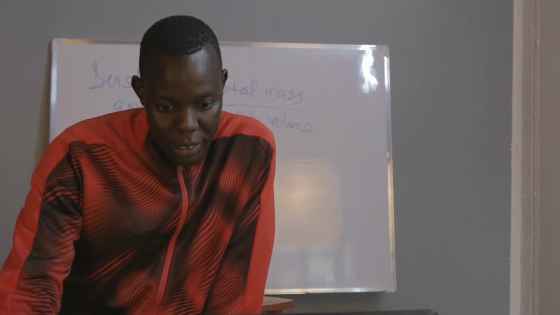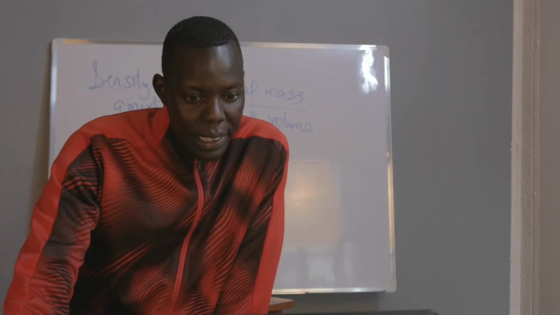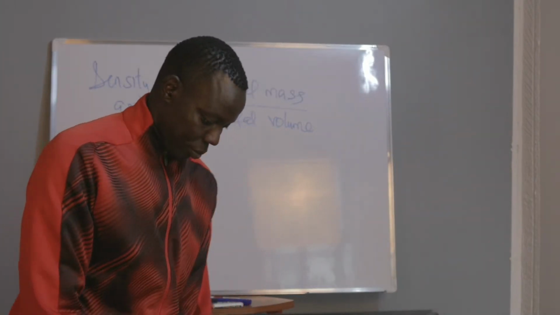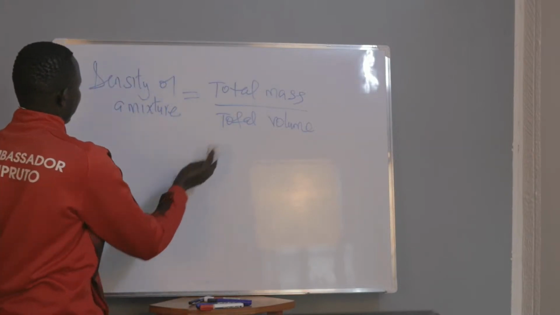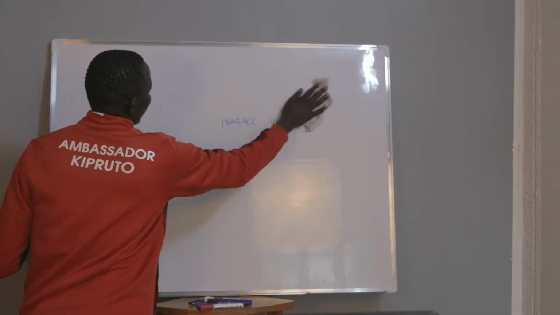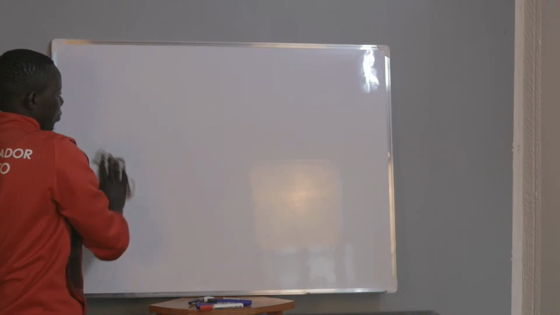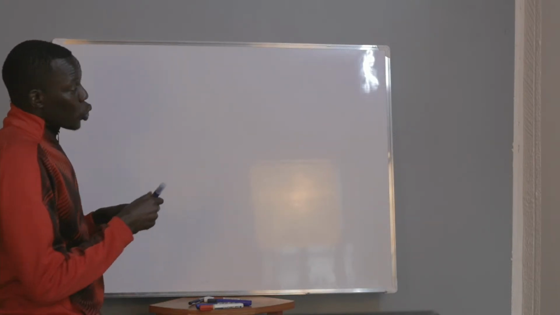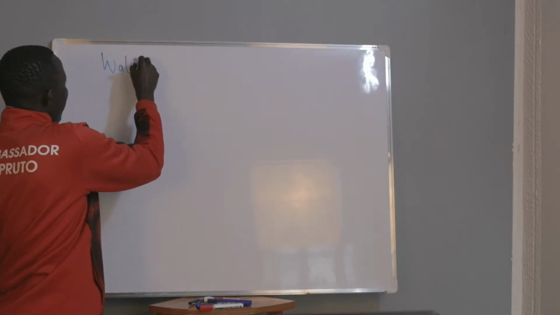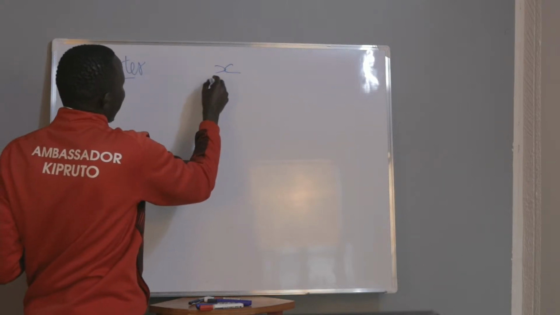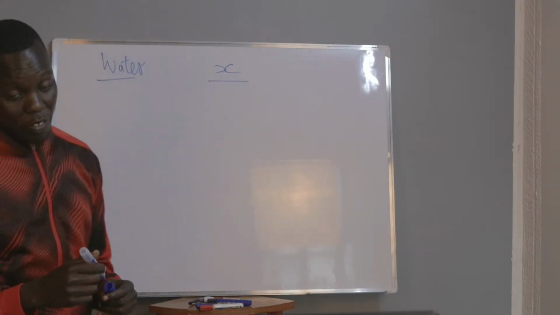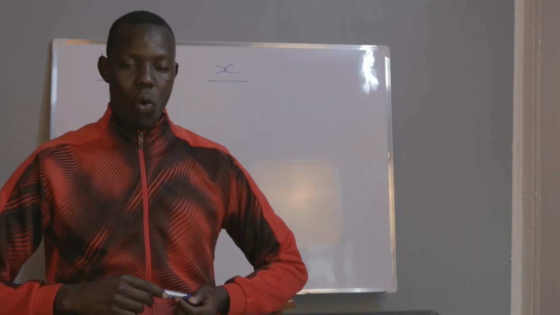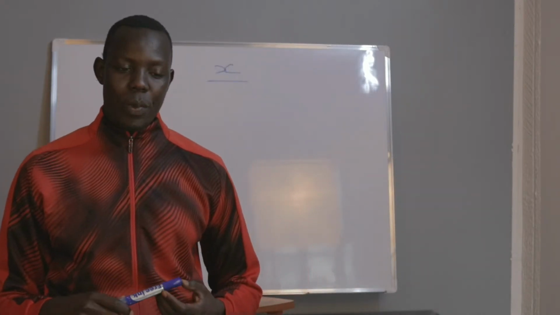Let me read the question very fast. A mixture consists of 40 centimeters cubic of water and 60 centimeters cubic of liquid X. Write water on one side and liquid X on the other side. It will be very simple for you.